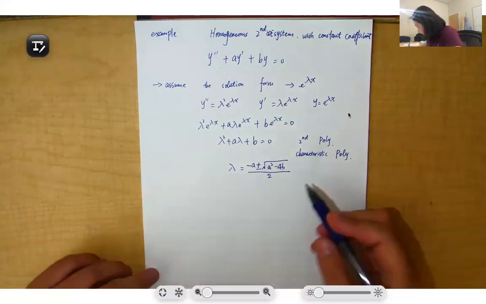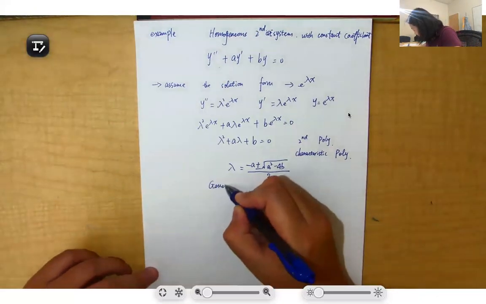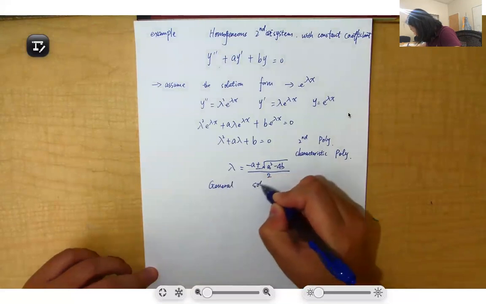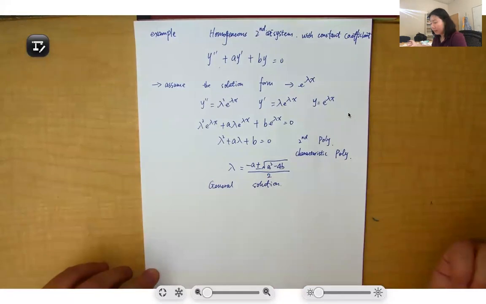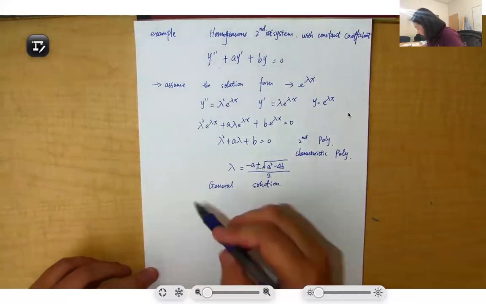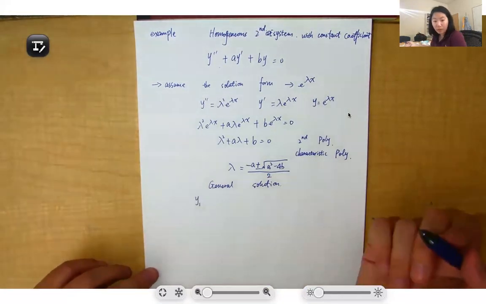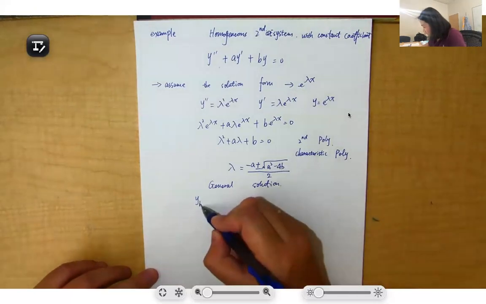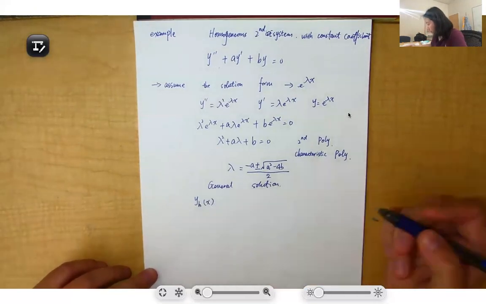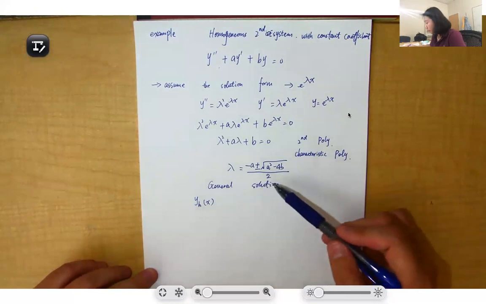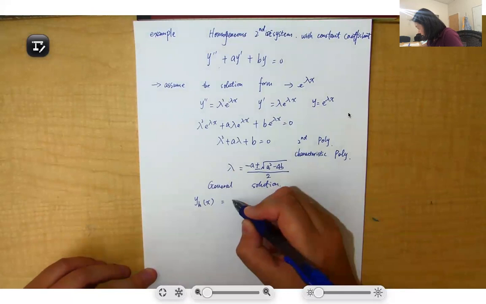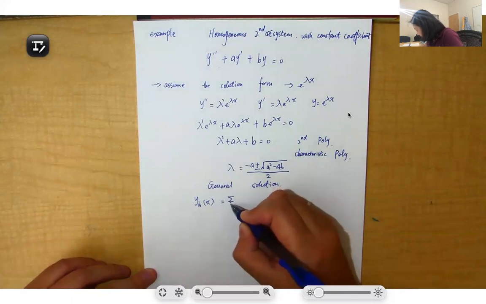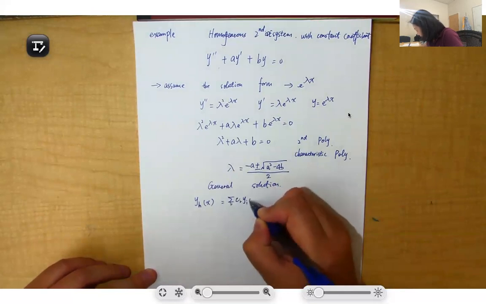The general solution for this homogeneous second order linear ODE with constant coefficients is a linear combination of linearly independent solutions, right? So it's a linear combination, which we can write as the sum of c_i y_i of x.